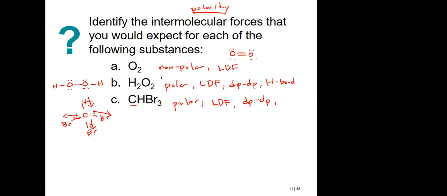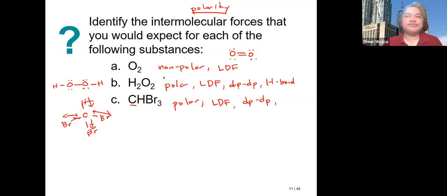So can you now assign the IMFA that is present in a given material? Because that's the end game here. If you understand it, you should be able to assign the IMFA in a given material. And then to answer your question, can LDF beat H bond?